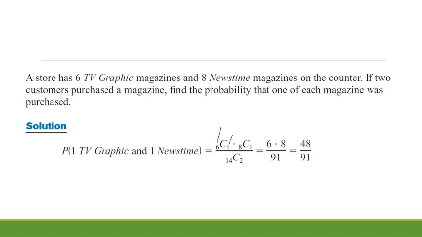And also 8 Newstime magazines, only one is needed as well. So 6 times 8. And also the total number of ways to select: how many are there in all? 6 plus 8, that is 14, taken 2 at a time, because 1 TV Graphic and 1 Newstime. So the answer now is 48 over 91.